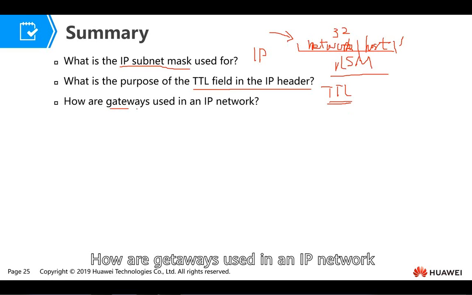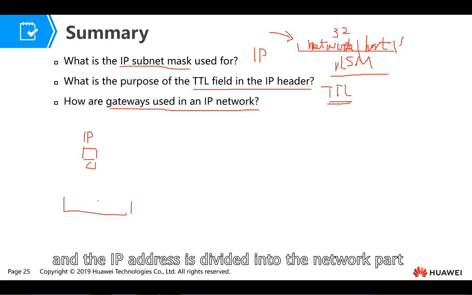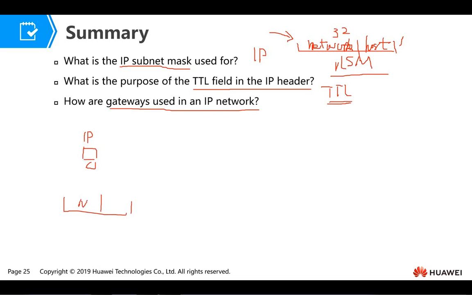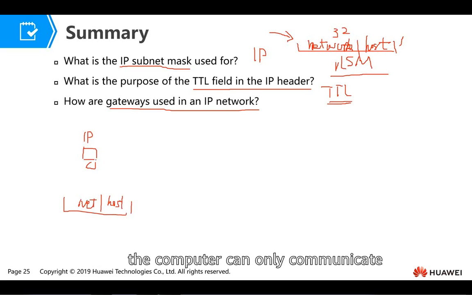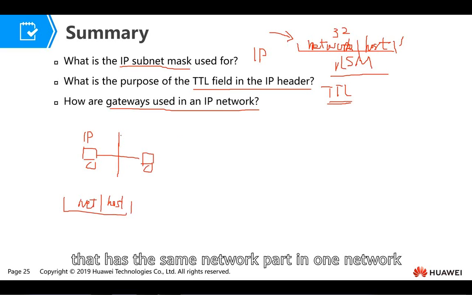How are gateways used in an IP network? Yeah, we know that in the computer there is an IP address. The IP address is divided into a network part and a host part. And the computer can only communicate directly with other computers that have the same network part, that is, in one network.